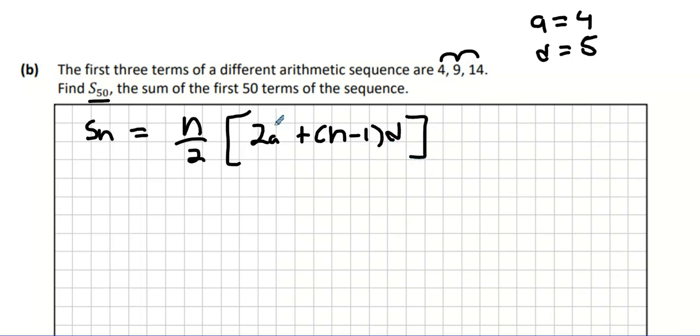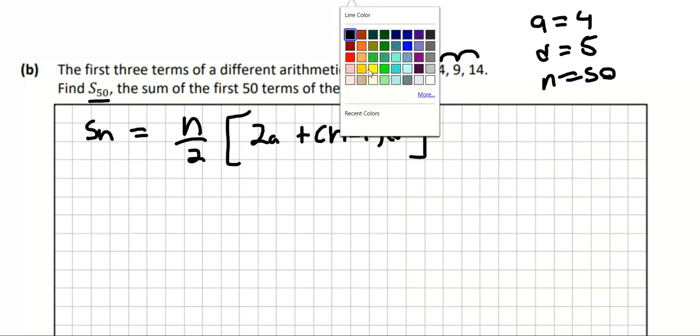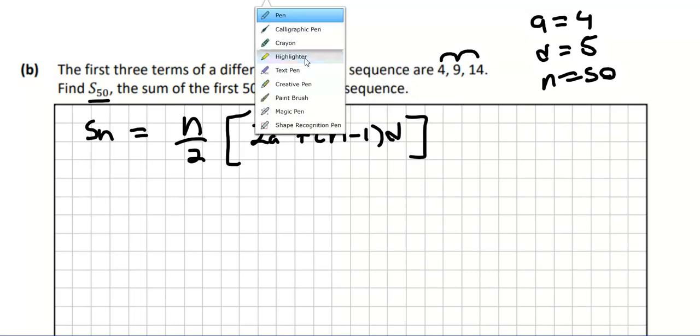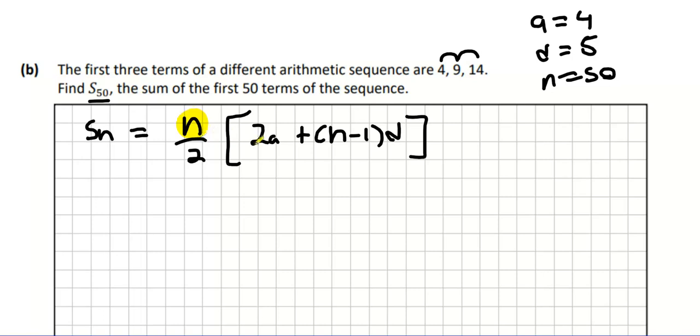But the n value is 50. So we just have to fill in all these numbers to make this work. The numbers we've got to fill in are your n, your a, your n, and your d value. And then we can just use the calculator outright to get the answer.